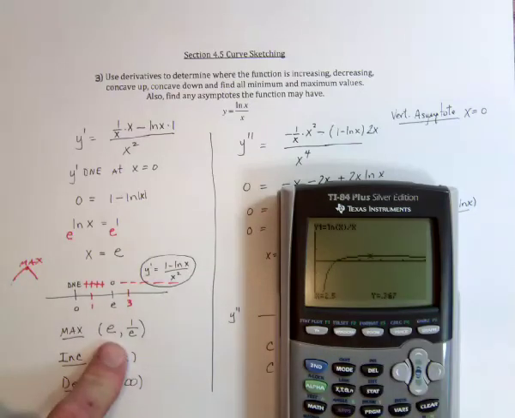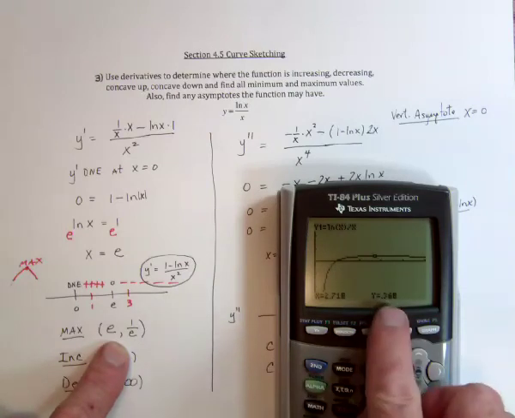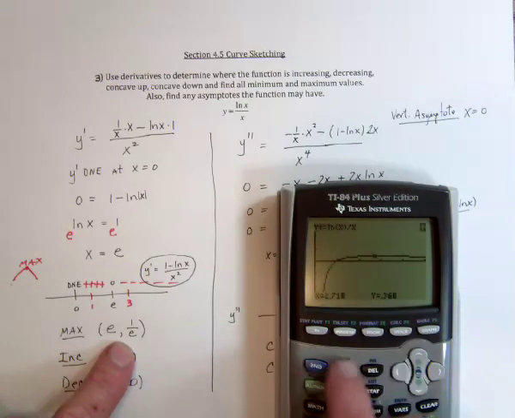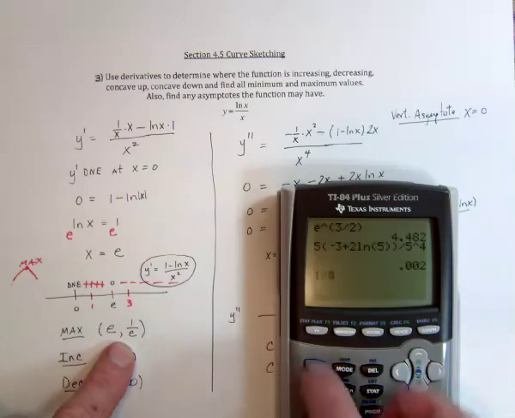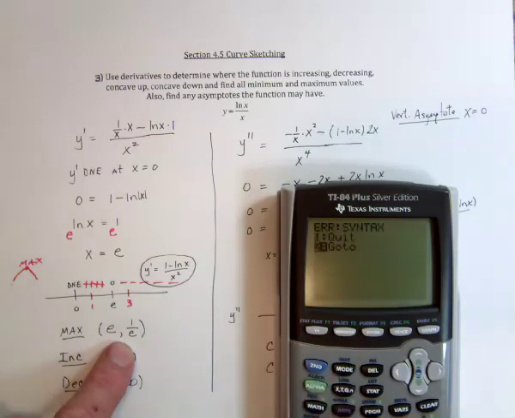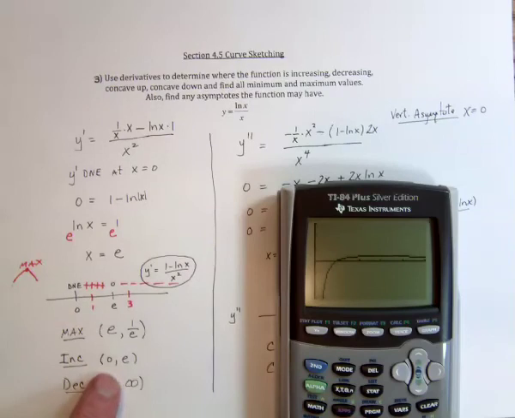We found the maximum is supposed to be at e. So trace and put e to the 1. That sounds reasonable. And then they say the y value is 0.368, so 1 divided by e is 0.368, so that's right.